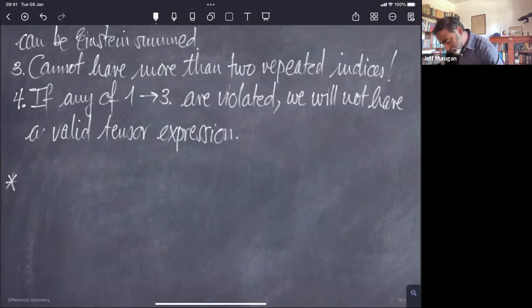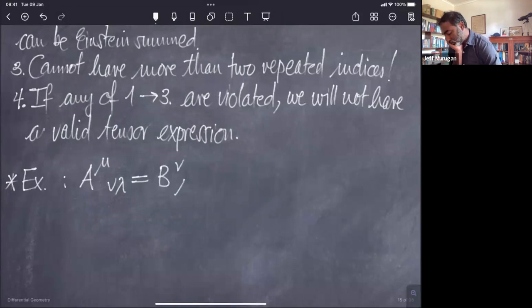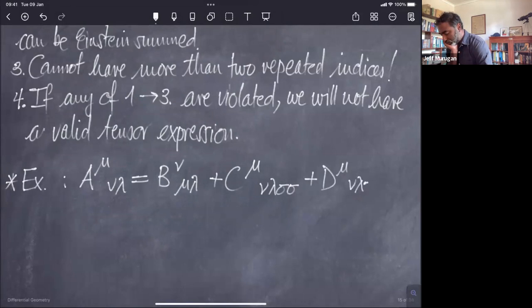As an example of this, suppose I have the expression A mu nu lambda equal to B nu mu lambda plus C mu nu lambda sigma sigma plus D mu nu lambda tau. This expression is an invalid tensor expression, okay?